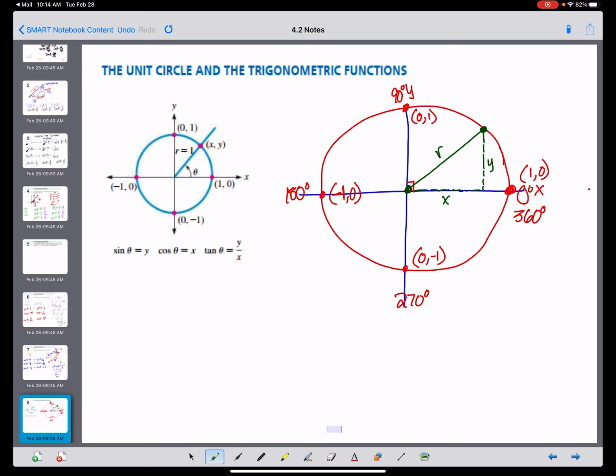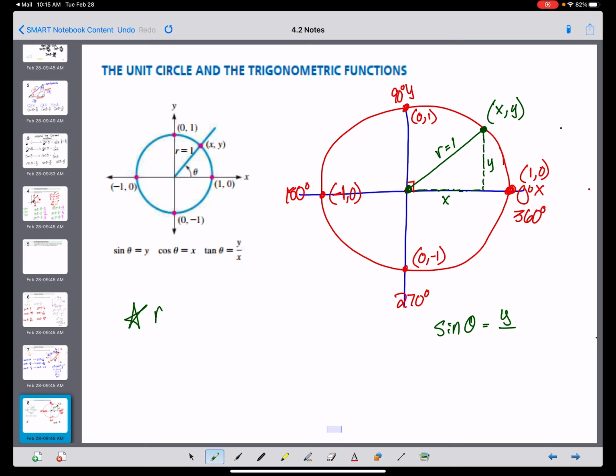It corresponds to a point (X, Y), which we can use with trig functions.